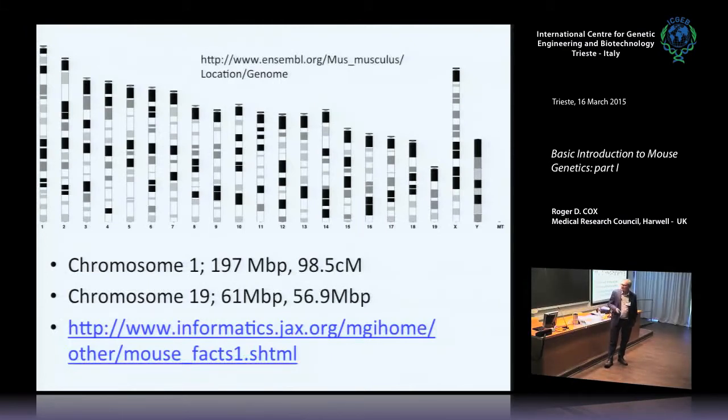And chromosome 19 is 61 megabases long. And again, you can find this sort of information on the JAX website, which is where this picture comes from. The other thing to notice about mouse chromosomes is that they're acrocentric, so they have a centromere at one end, whereas human chromosomes are metacentric, so they have a centromere between two arms.